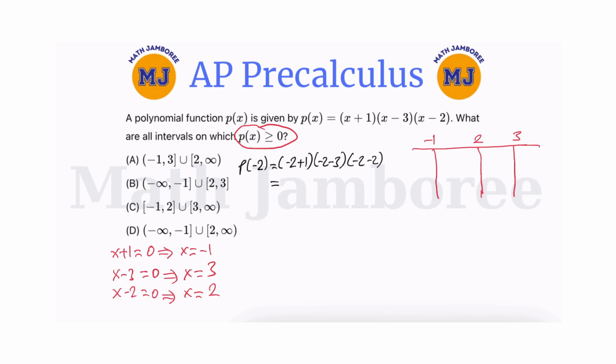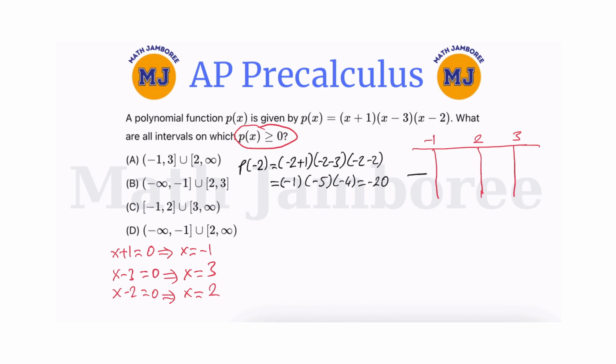This becomes negative 1, negative 5, and negative 4. If you multiply all these three together, it's negative 20, but you don't need the value, you're looking for the sign. If you see three negatives, you can say that the value of p of x is negative in this interval.